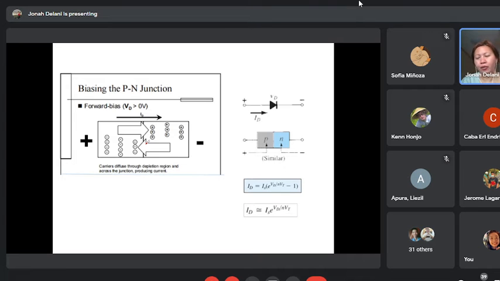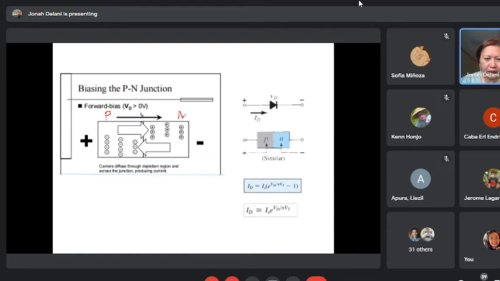So what if we reverse the polarity of our voltage? What would happen? The positive goes to the P-type material, and the negative goes to the N-type material.